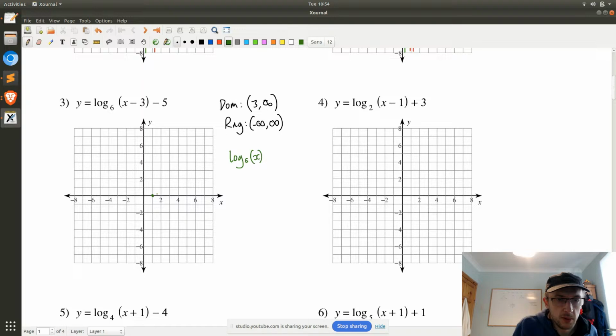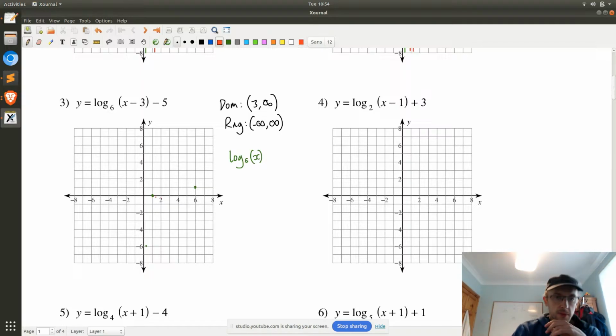So that'll be this one, and this one, and that one there. And red will be the corresponding points on the transformed function. So for this one here, it's 3 to the right and 5 down.